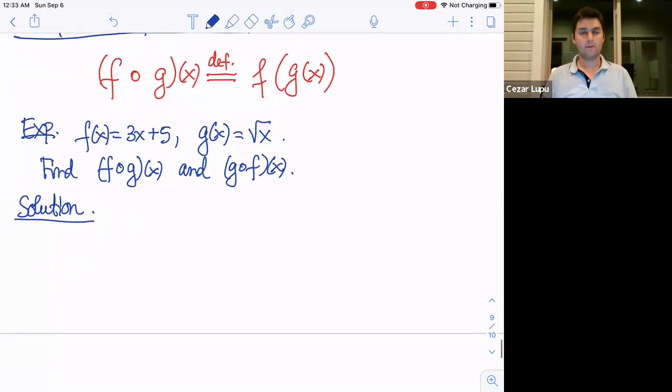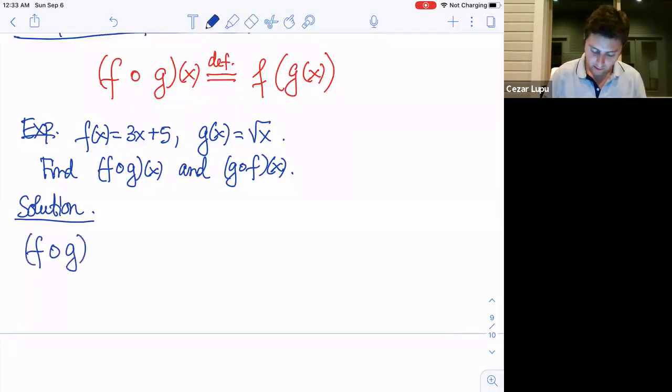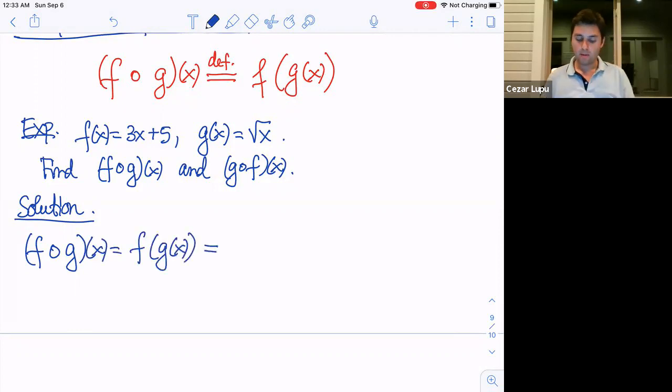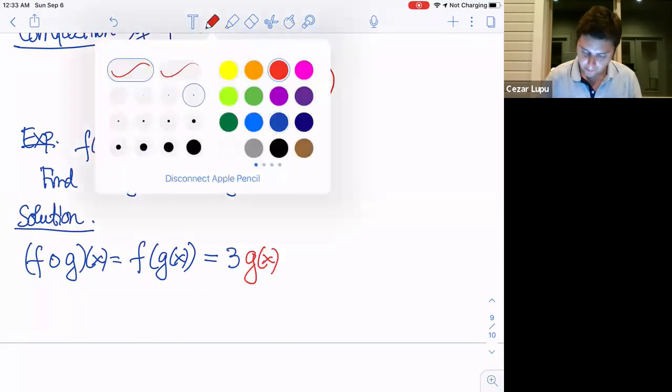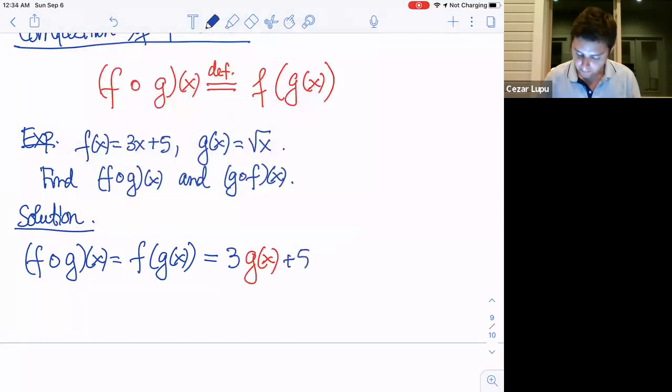Well, by the definition, we said that f composed with g of x is nothing else than just f of g of x. And now I'll be looking at 3x plus 5. Instead of x, the argument x, I'll have g of x. So this would be 3 times g of x plus 5.